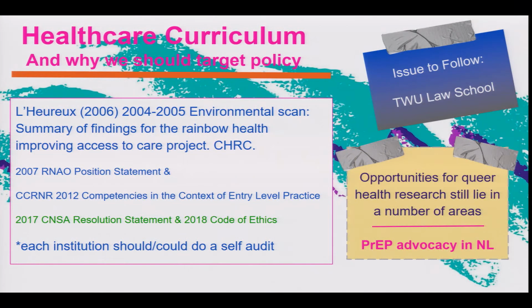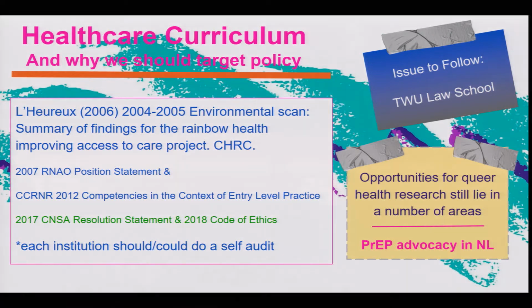So there's a couple other points on this slide. TWU, which is Trinity Western University, has a law school that they're putting forward. They also have a nursing school. So after my research, I was following the law school because they were getting denied access to the law school based on a community covenant, because it's a highly religious university.